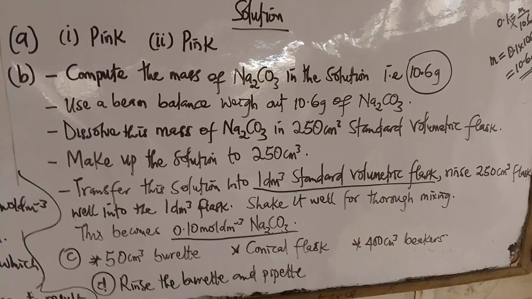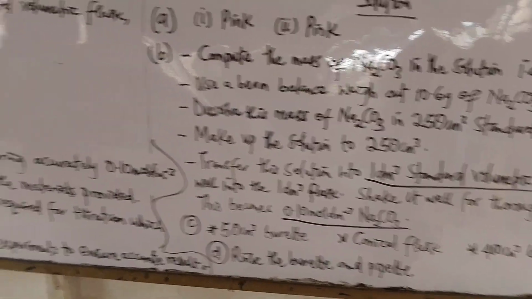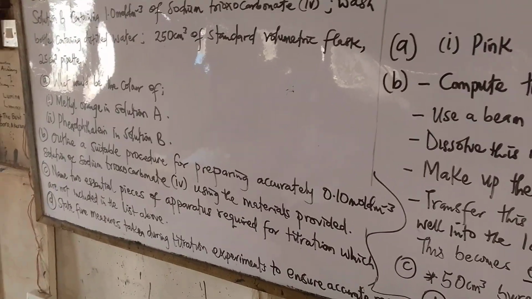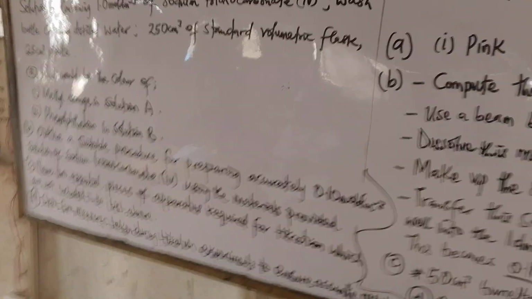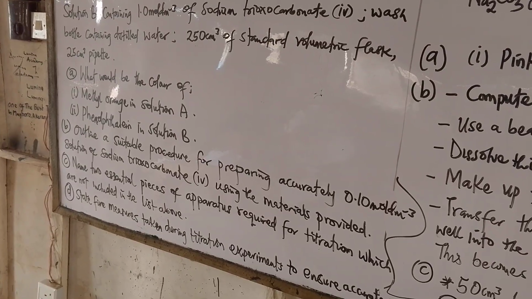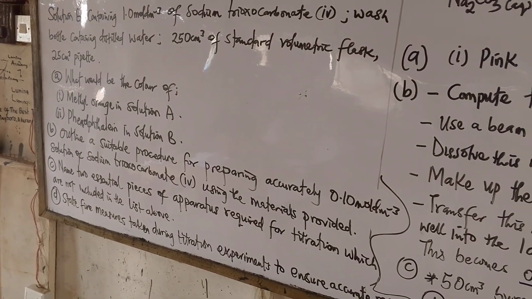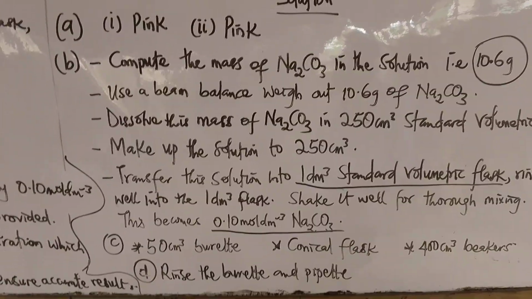Now, let's go to another question. Question number, option C. Let's look at option C. Option C says, name 2 essential pieces of apparatus required for titration which is not included in the list above. Okay, let's go back to that question and answer it.